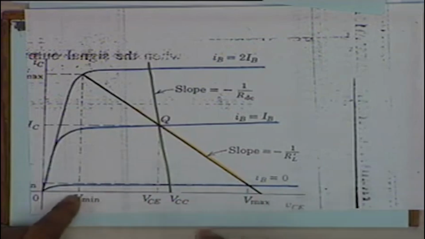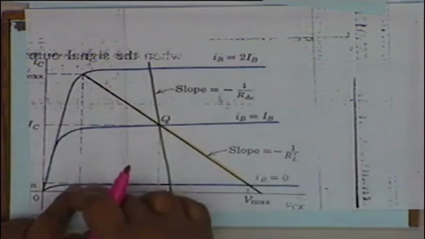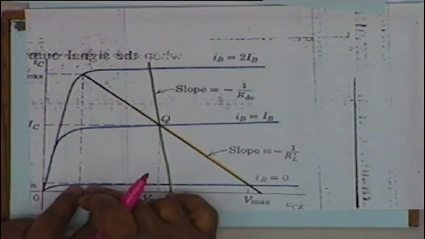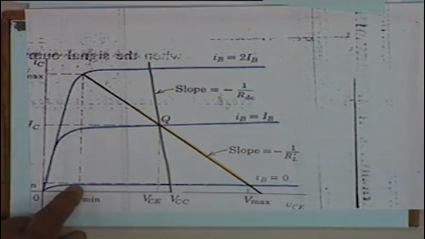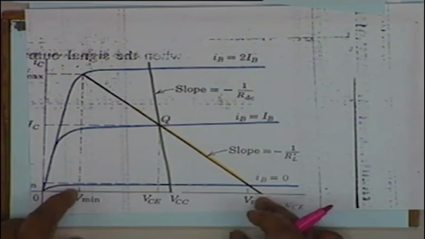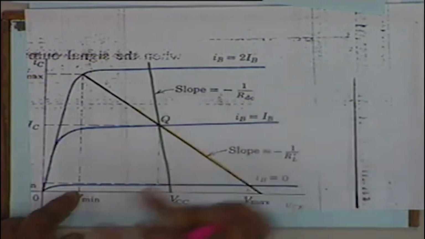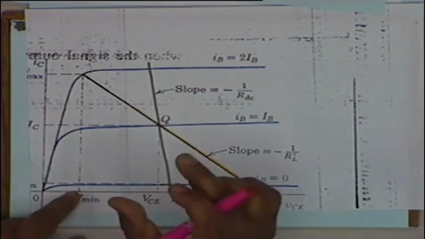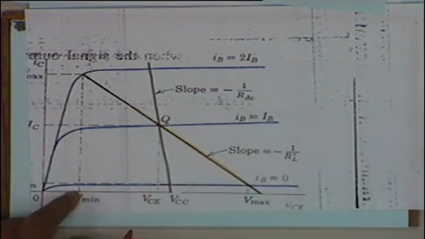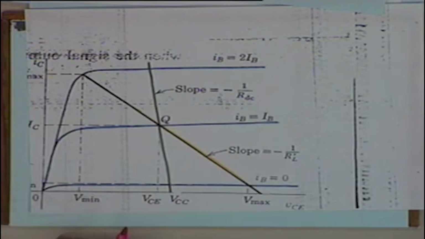Similarly, the peak to peak current swing shall be Imax minus Imin divided by 2. And if you know the peak value, divide by square root of 2 to get the RMS value.